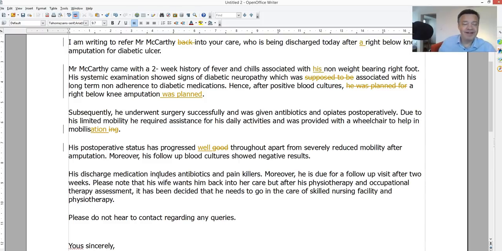So, do we really need to include this? Sorry, I shouldn't laugh, but after we amputated his leg, his mobility was seriously impaired. Really? Was it, doctor? Okay, thanks.